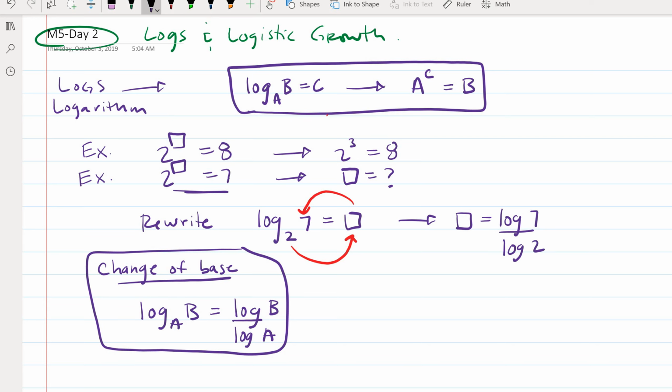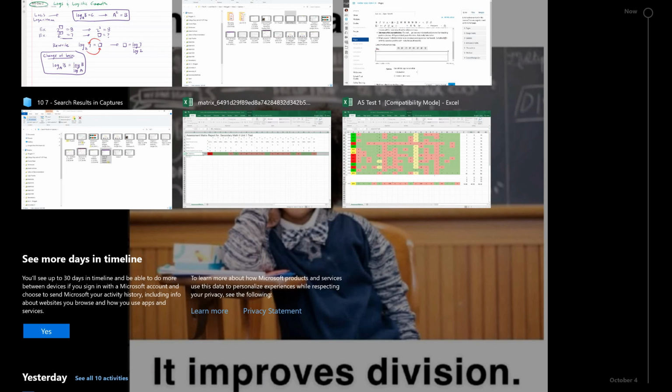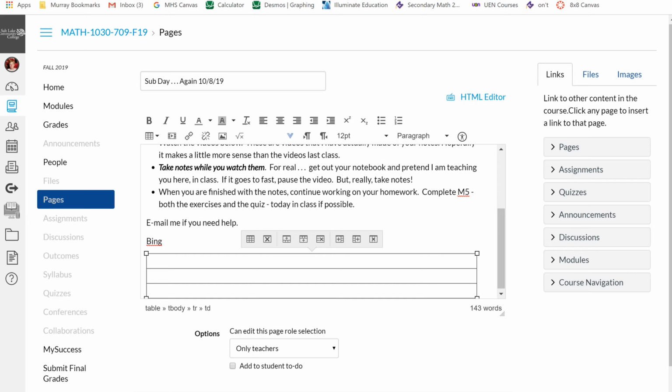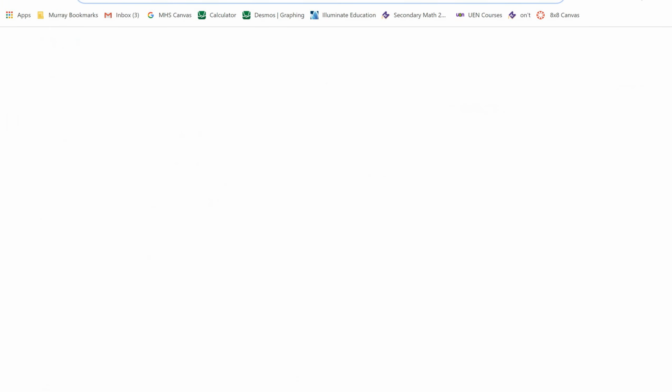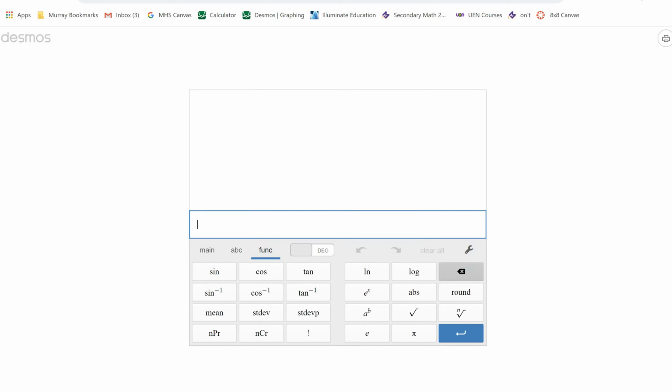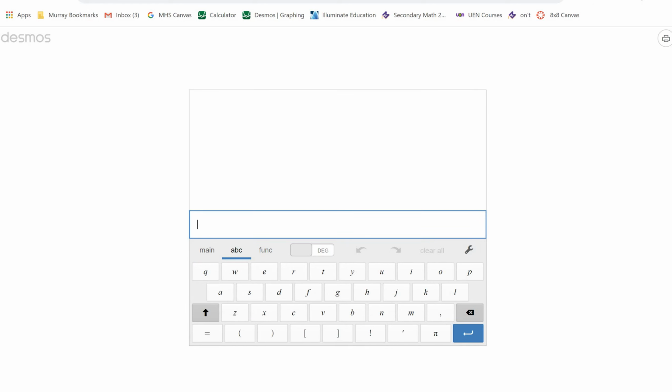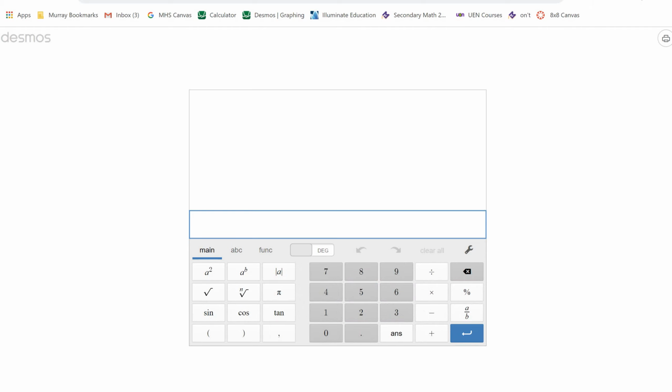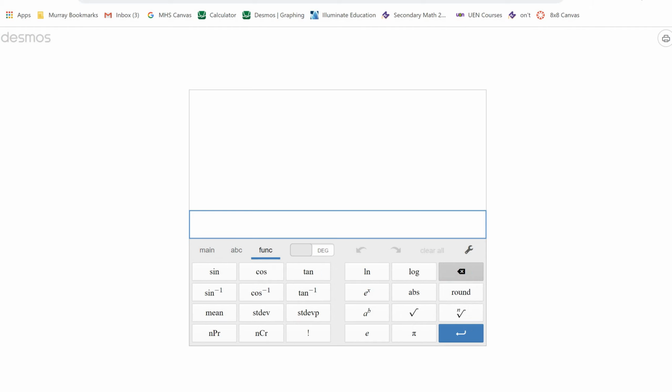Now, if we worked on this, go to your calculator. Let me find the calculator. If I type in, let's see, I have a log somewhere here. Oh, right here.